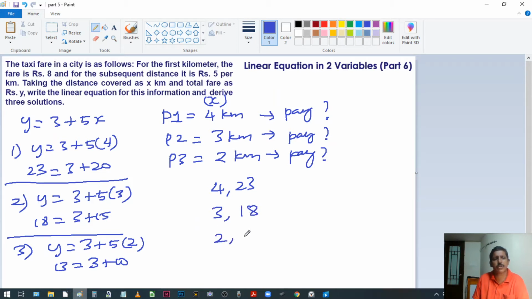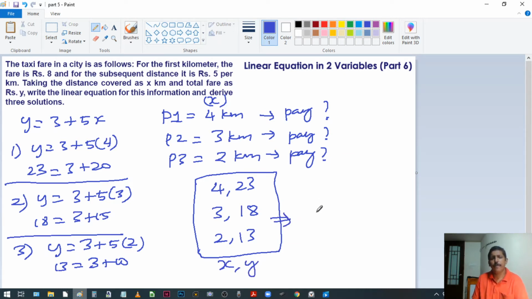When x is 2, y is 13. These are the 3 solutions, x and y. Using this data we can draw the linear equation graph. I think you have learned about this in the previous lessons, so we can do it. Okay, bye.